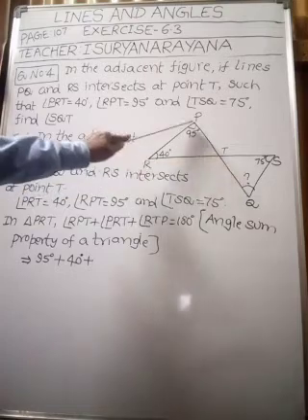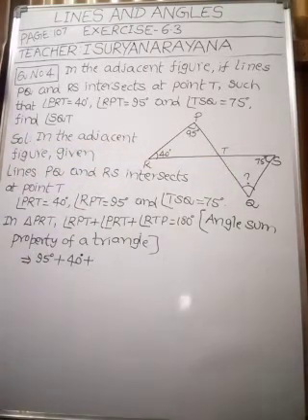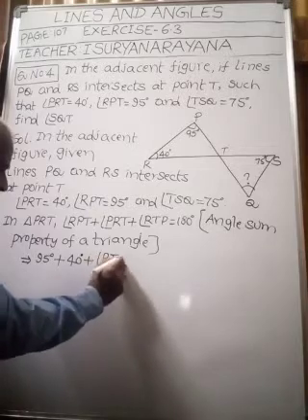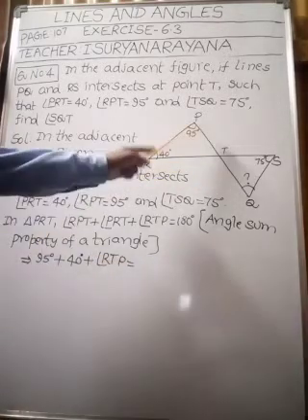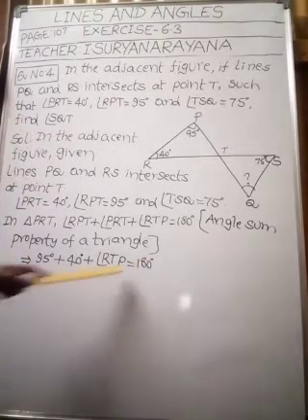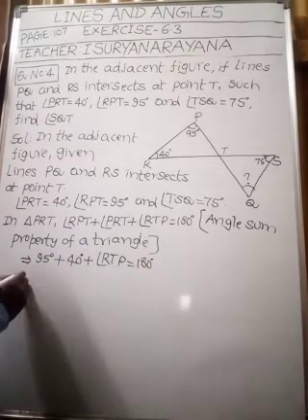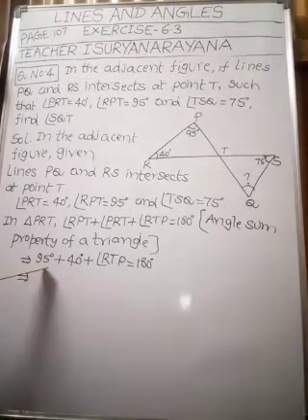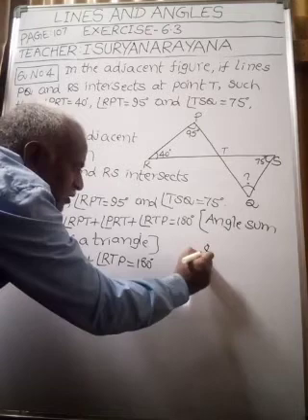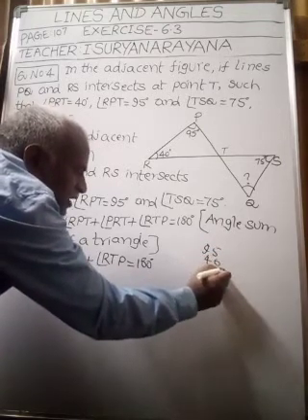We don't know the measurement of angle RTP, so I am writing RTP, angle RTP is equal to 180 degrees. Understood this step, my children? Right. This implies, let us simplify these two numbers. 95 plus 40. What will you get?